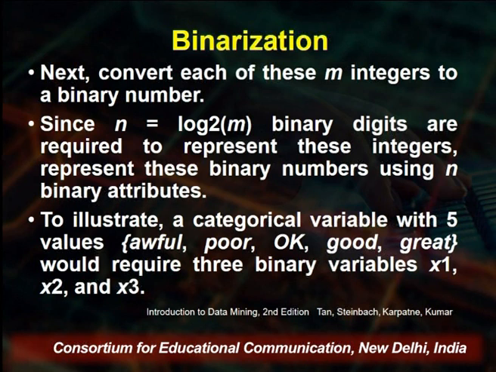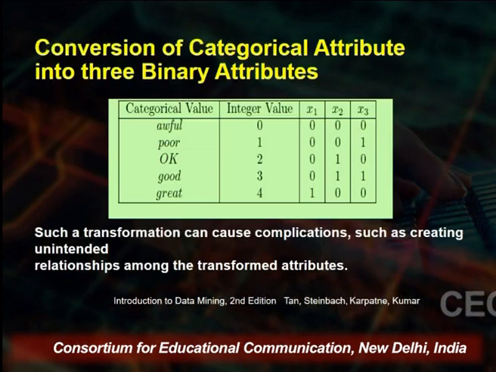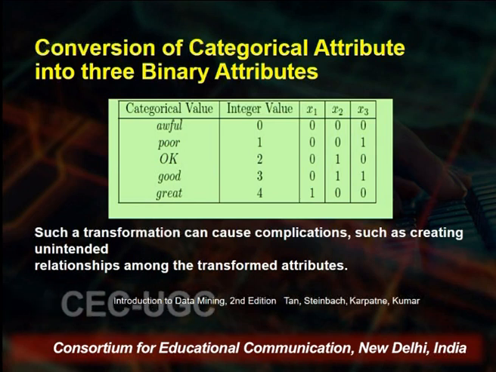Let's look at an example and understand this. We have a categorical variable which has 5 values, say awful, poor, okay, good and great. Now it would require 3 binary variables, that is x1, x2 and x3. If we look at this table, it is very clear.